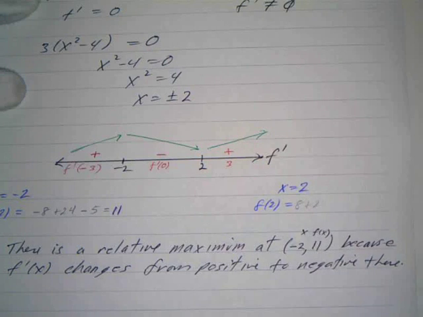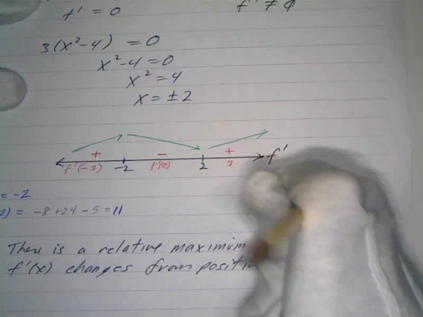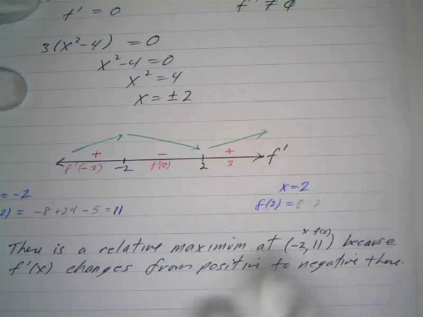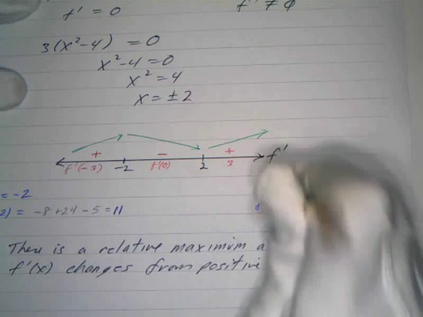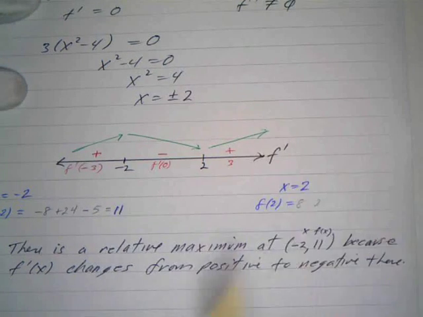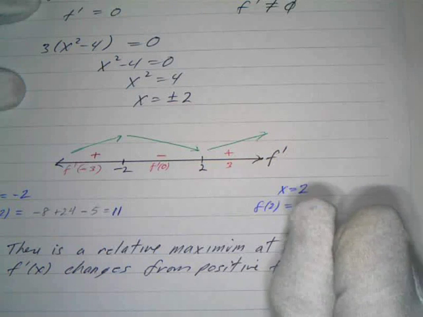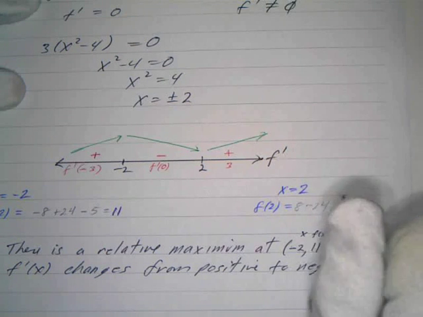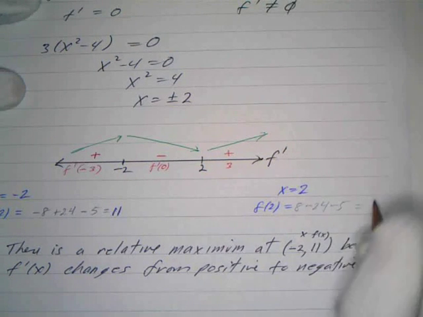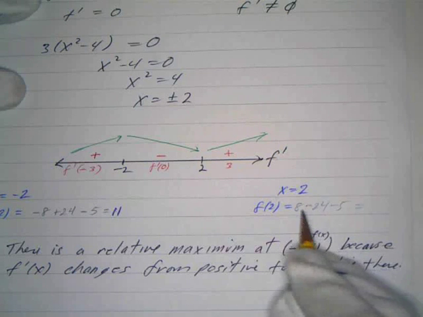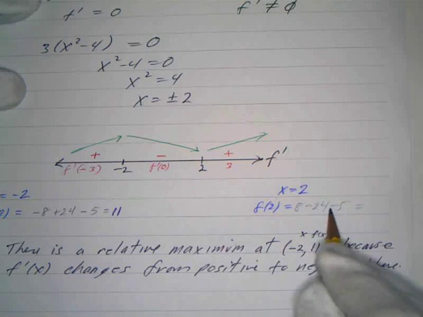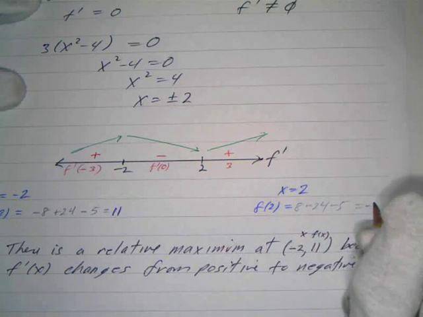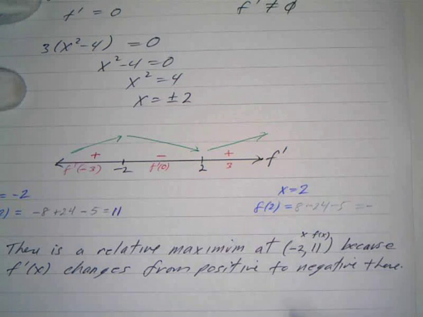Oh, sorry, negative, excuse me, negative 24. -12 times 2 is -24, and then -5, and that's going to be, well, 8 - 24 is -16, and -5 is -21. So I got -21 there.